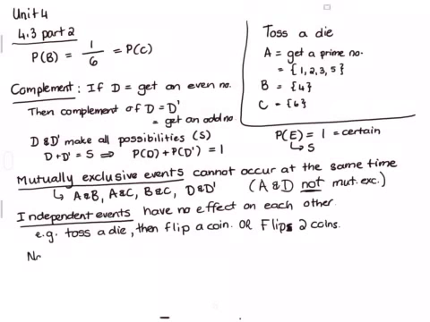So when would it not be independent? Let's think. If I have, let's say, a bag with colored discs in it. We will use this example again later.